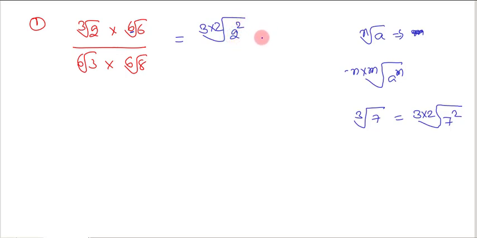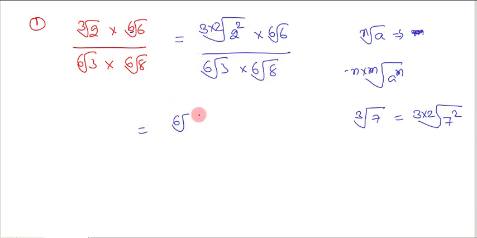Now we have the 6th root of 4 into the 6th root of 6, divided by the 6th root of 3 into the 6th root of 8.